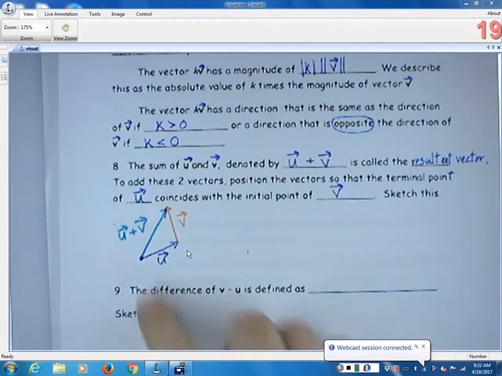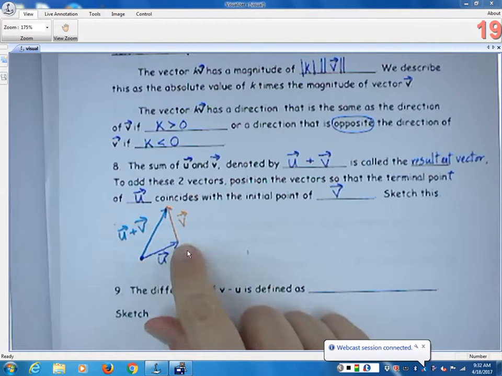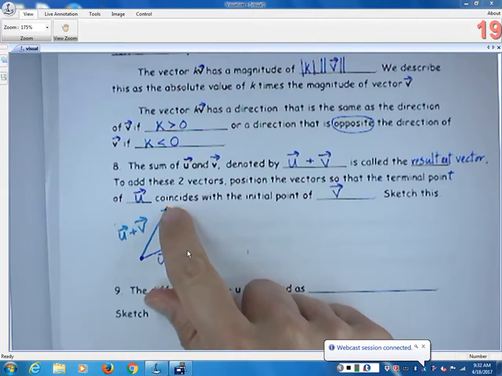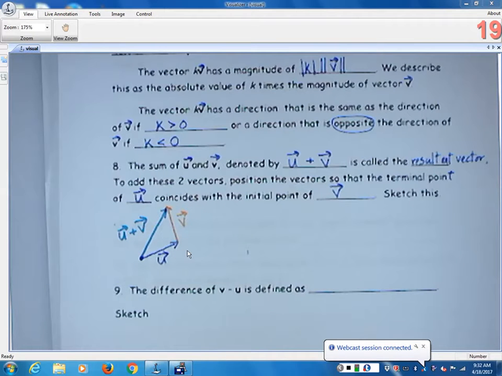So the terminal point of u matches with the initial point of v, and so you could figure out the sum of those graphically. Okay.